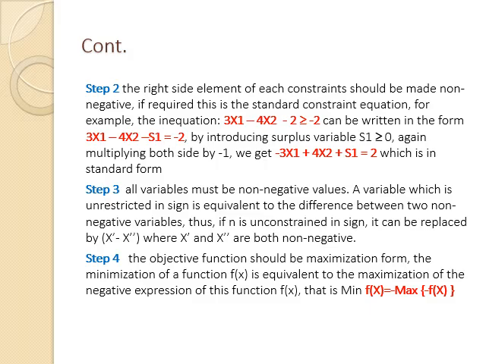Now, which is in standard form? The main point here is that the right side element of each constraint should be made non-negative. That's why we provided the process of multiplication by negative 1.